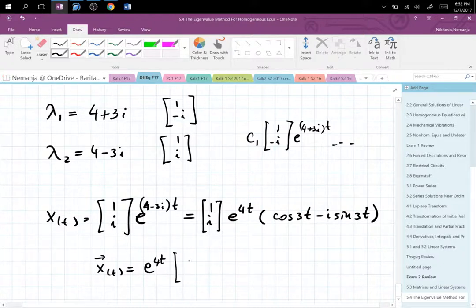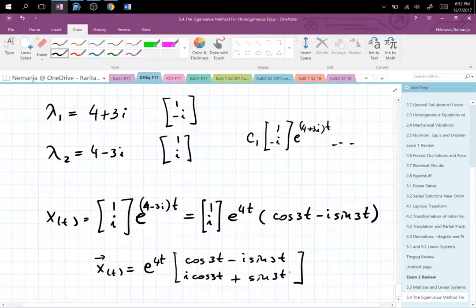You multiply by 1, you get cosine 3t minus i sine 3t, and then the second one, when you multiply i, you get i cosine 3t, and then i times i is i squared, which is negative 1, and this negative makes it a positive sine 3t. And that's just the first eigenvalue, so this is for the first eigenpair.